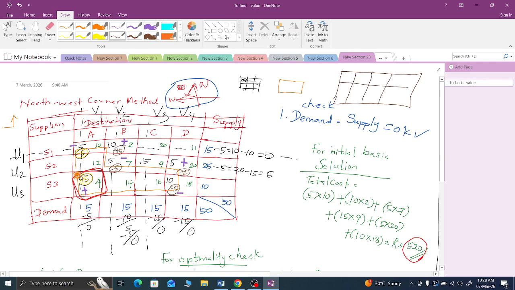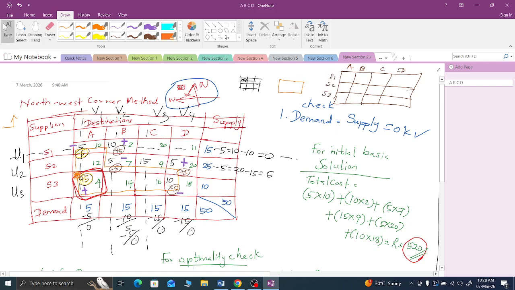Altogether 4 and 3. These are A, B, C, D, and these are S1, S2, S3.